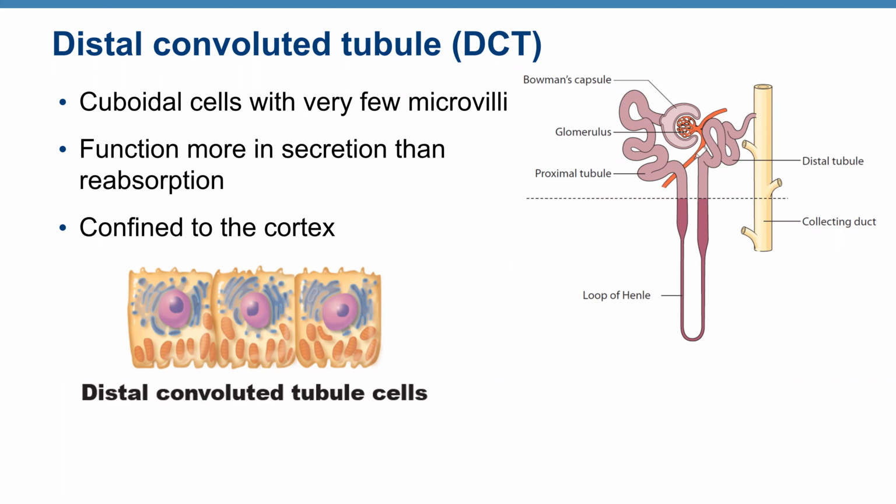So again, secretion is when substances from blood move inside the tube, and it's confined to the cortex as well. So in the cortex, we will have the renal corpuscle and the proximal and distal convoluted tubules. And the loop of Henle we will find in the medulla of the kidney.